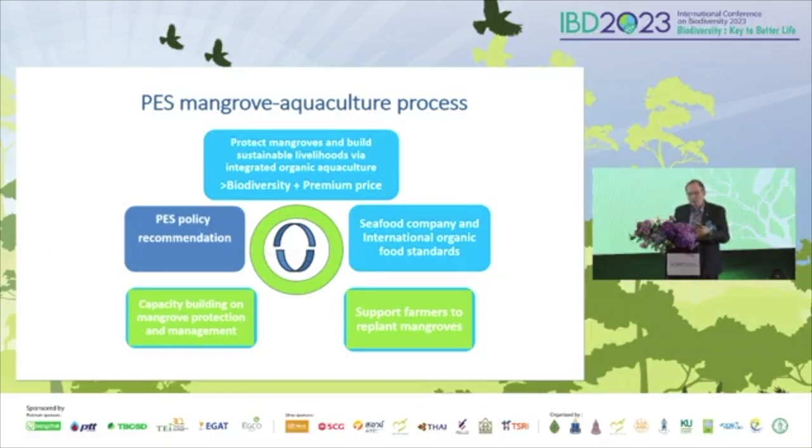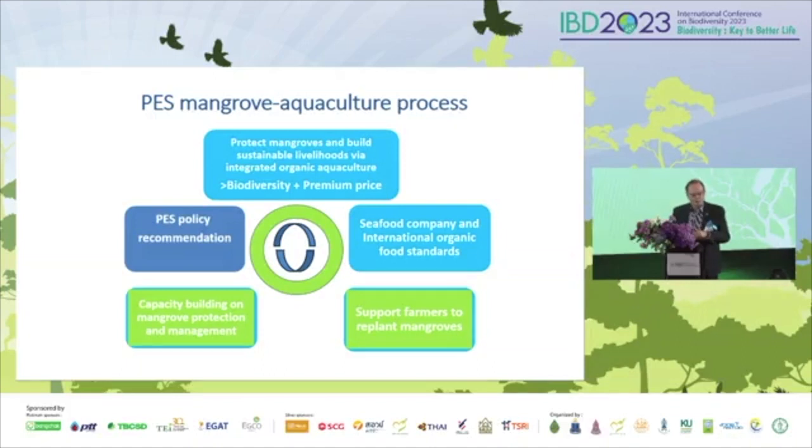That means no pesticides or fertilizers or any chemical additives to the pond. They have to be very hygienic about waste not going into the pond, no animals, for instance, around the shrimp ponds. And they were also supported to plant mangroves to recover the pond system back to at least 50%.